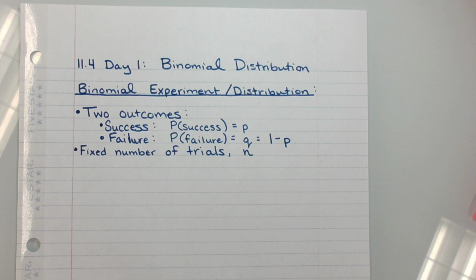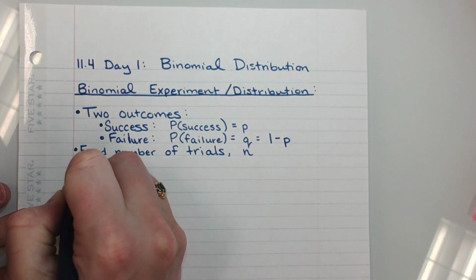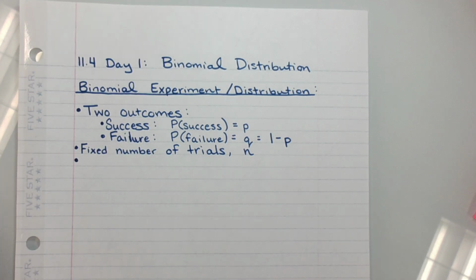Otherwise, you're ignoring some of the probability of other situations happening. And that seems a little bit weird to some people, because how often when you play best 3 out of 5, the moment one person wins 3, do you stop? Yeah, oftentimes. If you do that, it doesn't fit binomial.